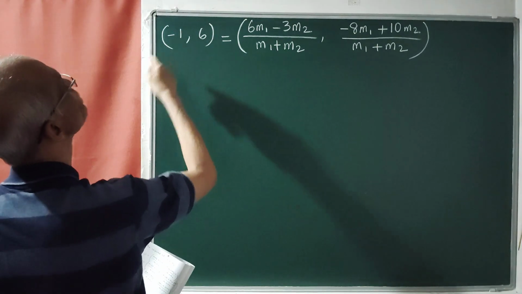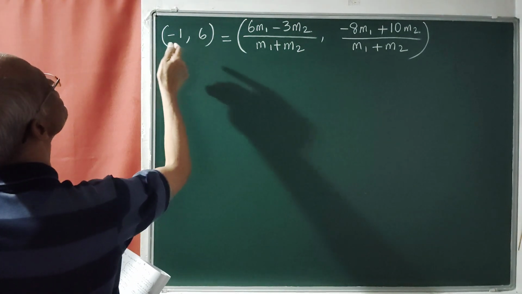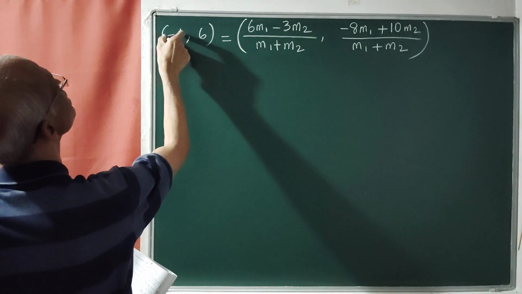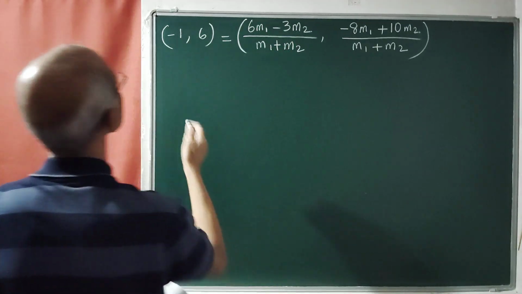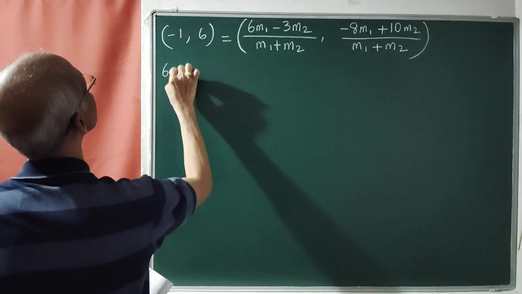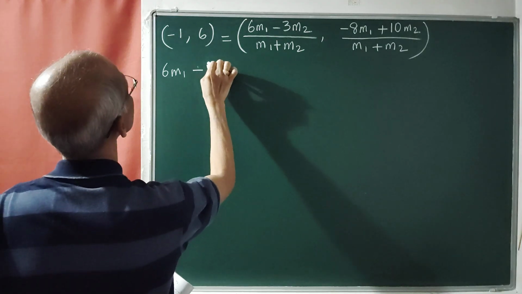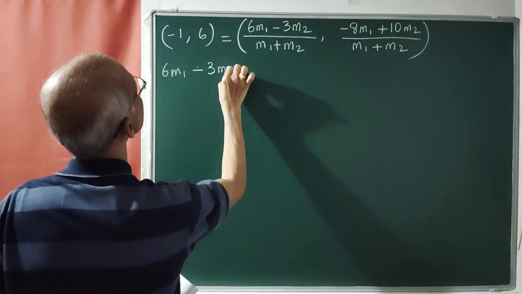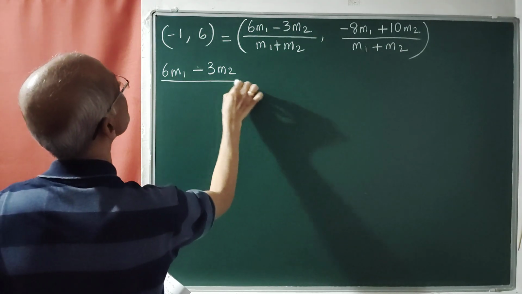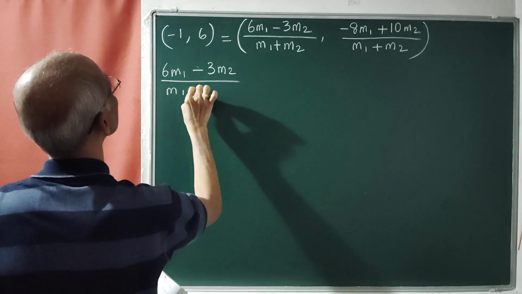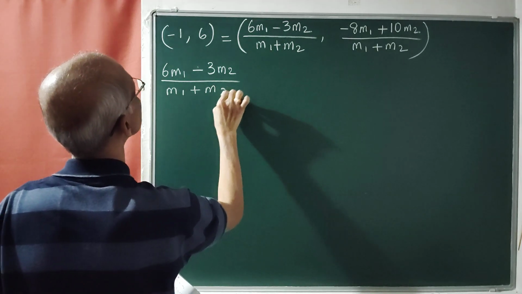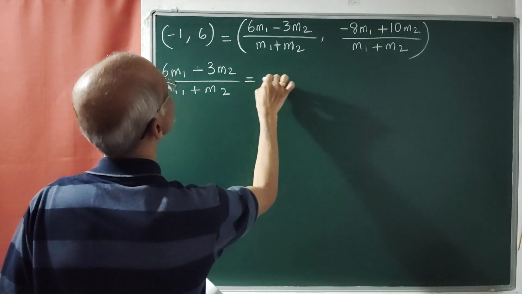So 6m1 minus 3m2 by m1 plus m2 is equal to minus 1.